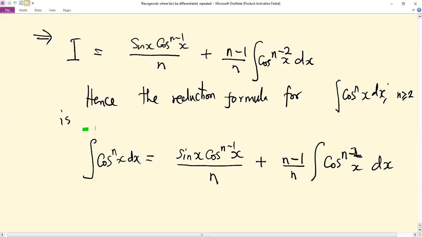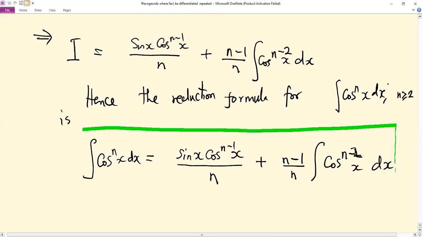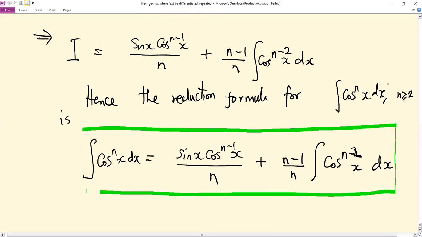Second part will now be to use this reduction formula to get the value of the integral of cos power 6.